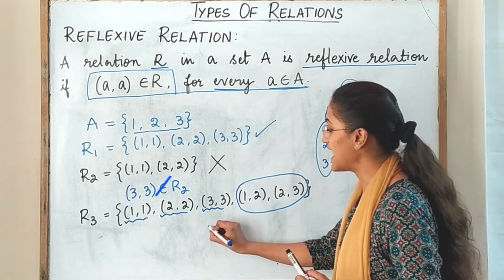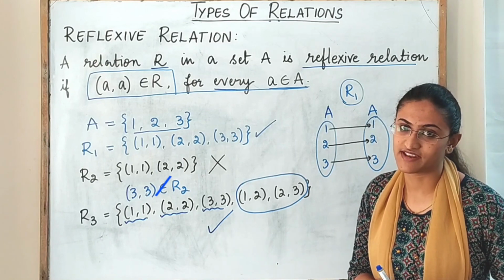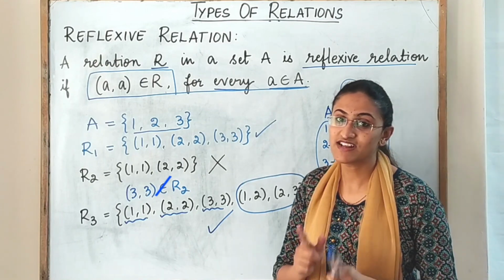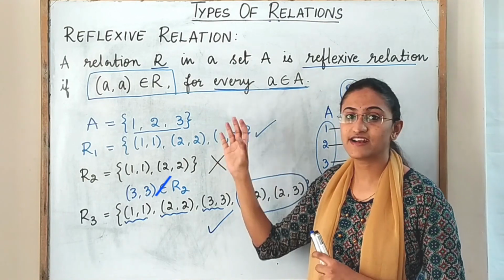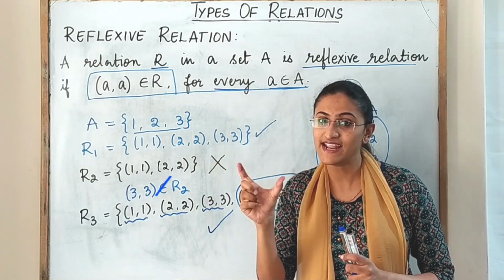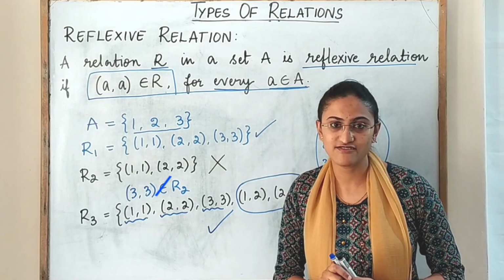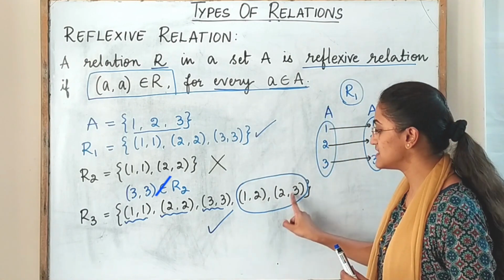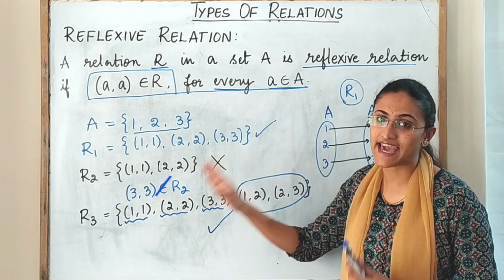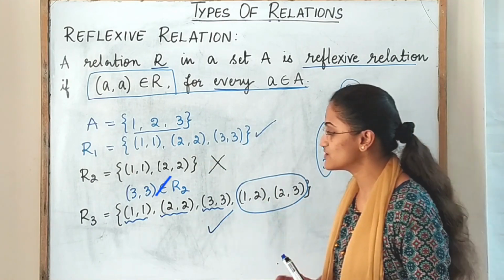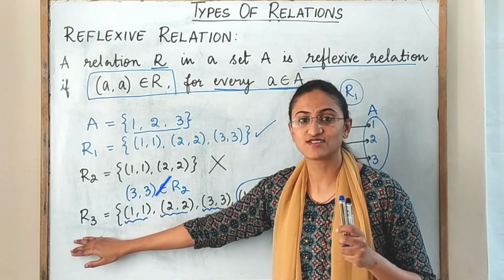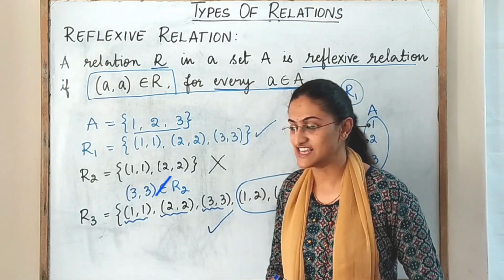Yes, you can consider this as the reflexive relation because I haven't told in the definition that the elements should be related to itself only. The word only is not there in the reflexive relation and hence even these kinds of ordered pairs can be present in the relation, and hence you can conclude that the relation R3 is also a reflexive relation.